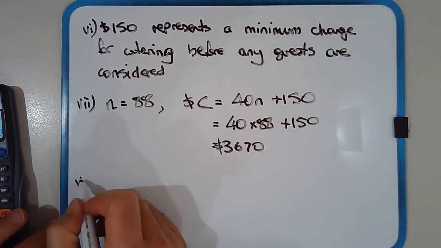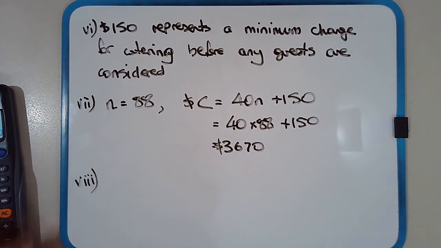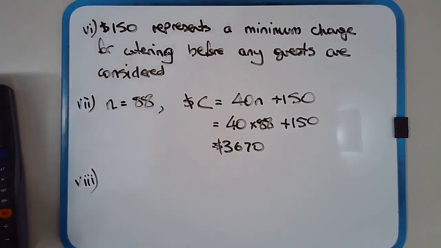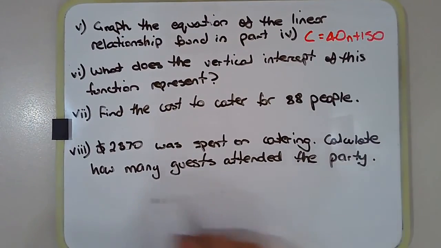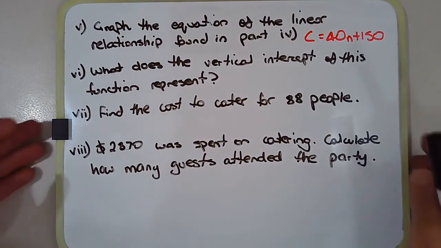And the last one, part 8: $2,870 was spent on catering. Calculate how many guests attended the party. We're going to have to rearrange this formula somehow.